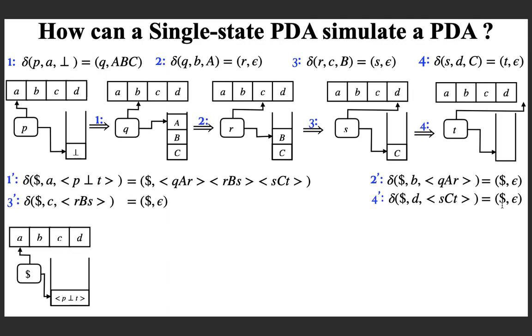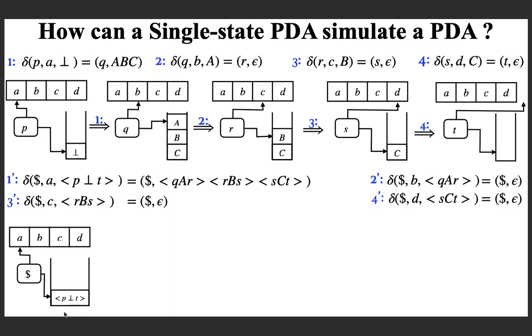And now you see what you do in the new machine. Note that this is the only state, and the start state. And this needs to be the bottom of stack symbol. That is the original start state of the machine, the bottom of stack symbol of that machine, and the final state in that machine.